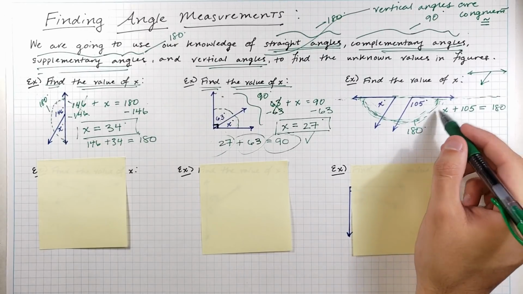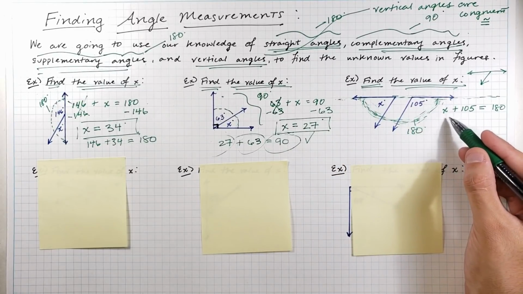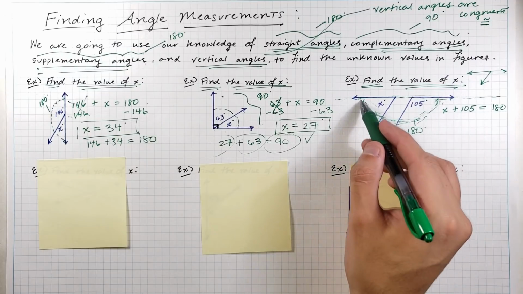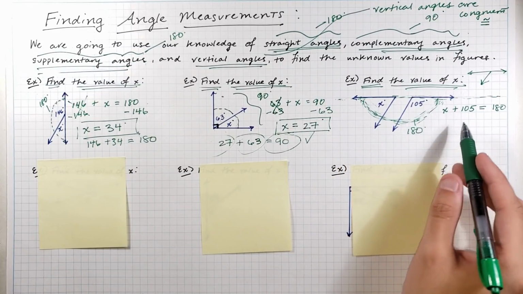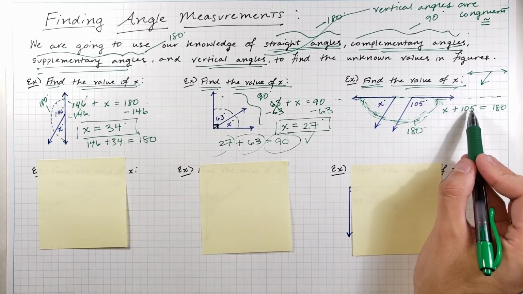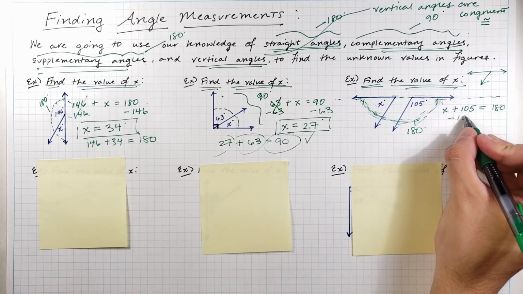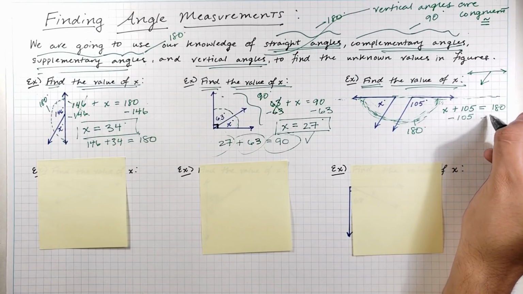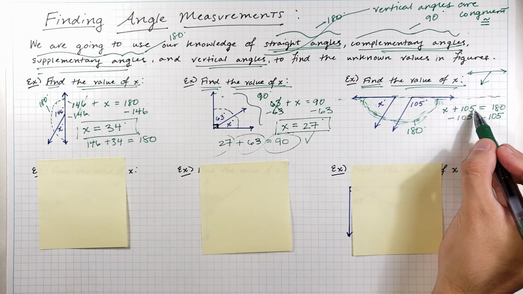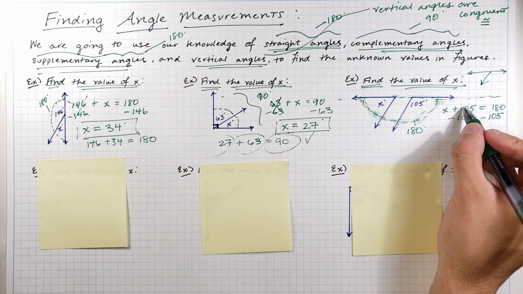Then if we want to get x by itself, which is what it says, find the value of x, we need to get x by itself. We have x plus 105 equals 180. To get rid of this plus 105, you do minus 105 from both sides of the equation, always. 105 minus 105 is 0, so they go away.